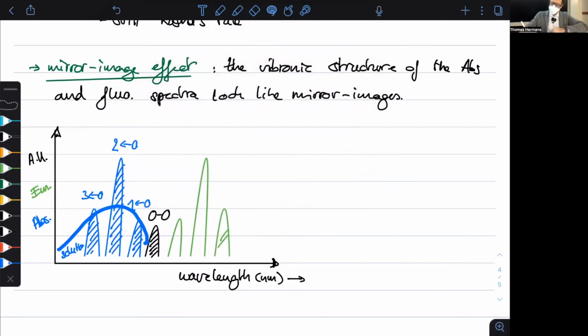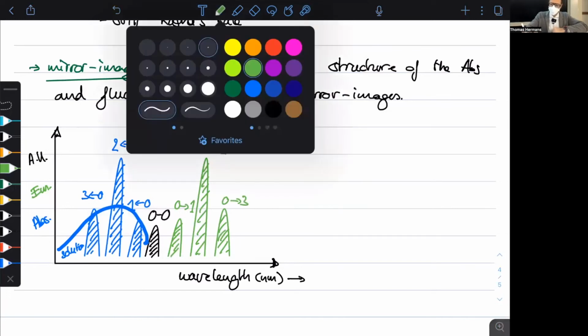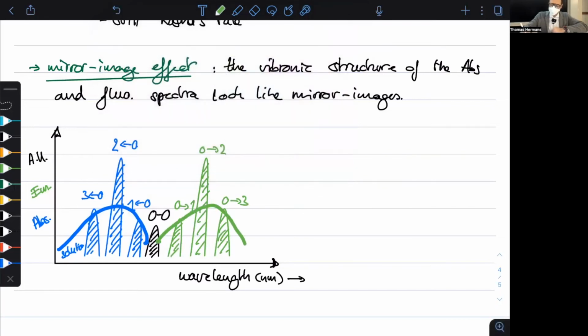Okay, so the fluorescence will look like this. Again we have the same, but now I draw from left to right 0,1, 0,2, 0,3. These are the theoretical levels. If you measure it in solution, you will see something like that.